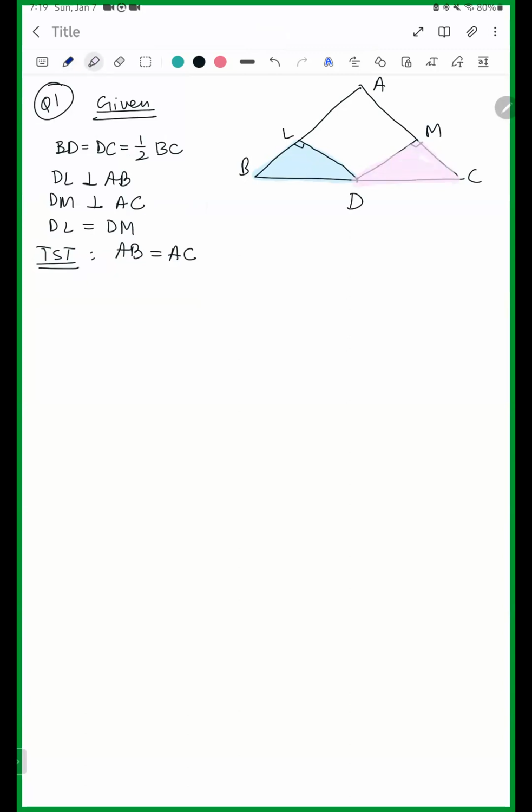Okay, these two triangles. So this is the solution. In triangle BDL and triangle CDM, what all do we have? We know that BD is equal to CD because it's given. BD is equal to CD, given.